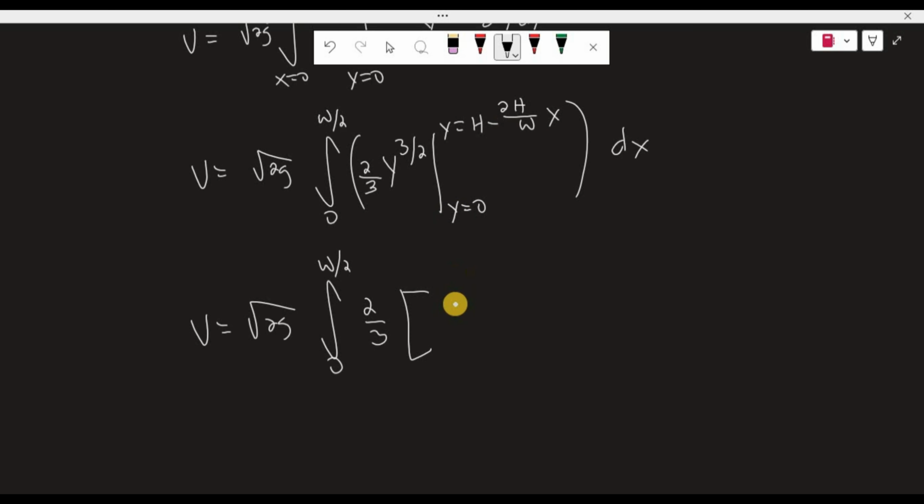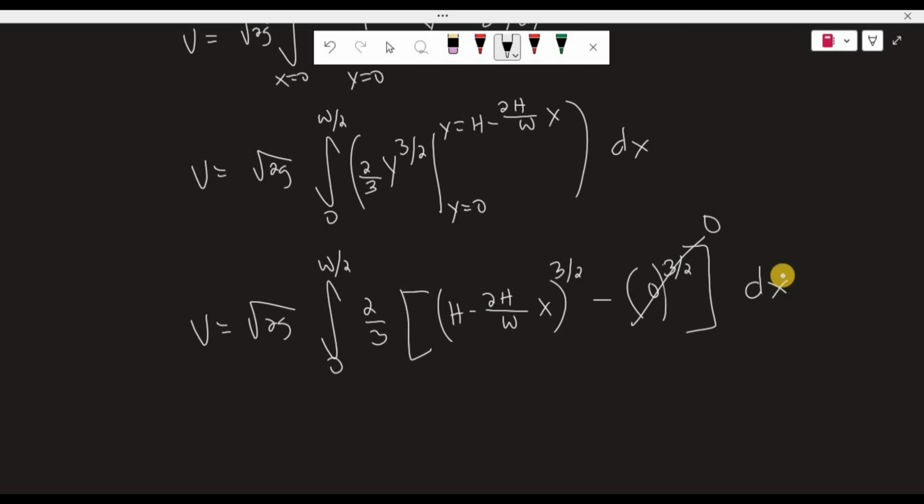and then let's plug in the upper limit, so h minus 2h over w x to the power 3/2, and now let's plug in the lower limit, y equals 0, so 0 to the power 3/2. Okay, so this is just 0, and then dx.